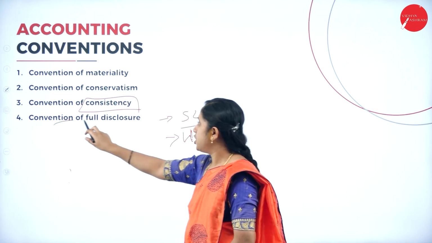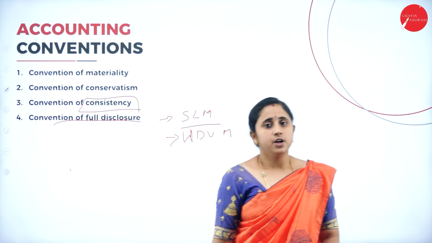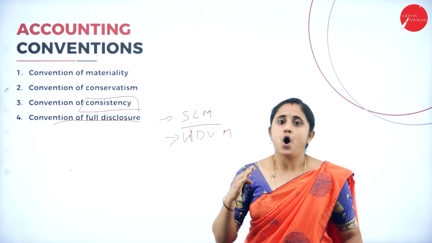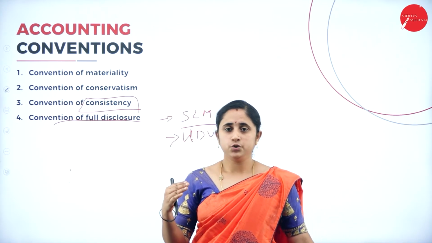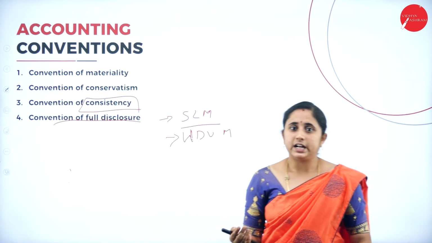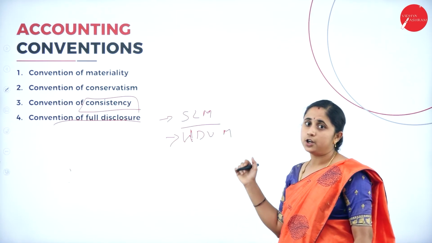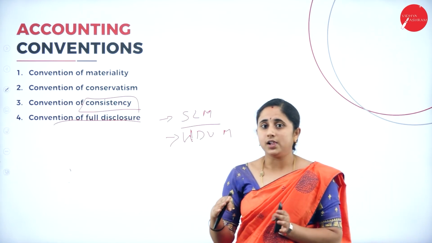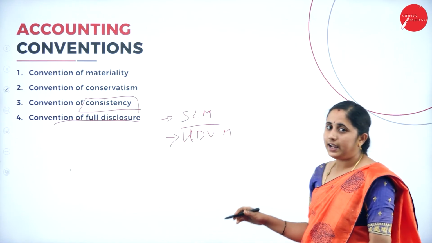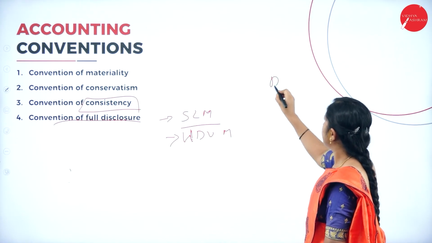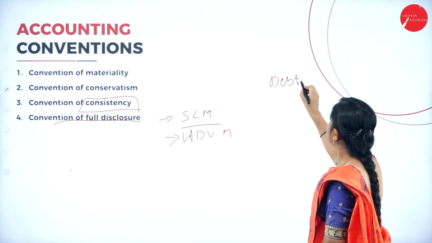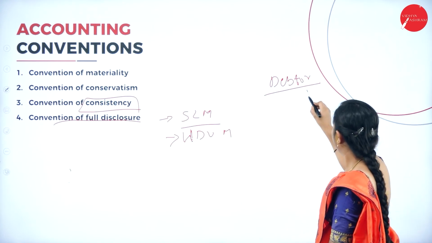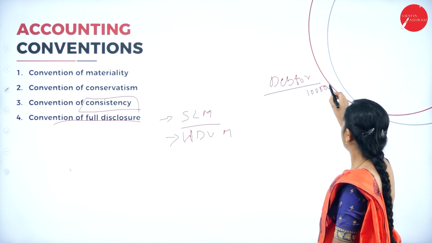Next, convention of full disclosure. Convention of full disclosure means you should disclose all the information to the necessary users. That means in your financial statement, you should disclose all the information in detail. For example, take debtors. You have debtors of rupees 1 lakh.